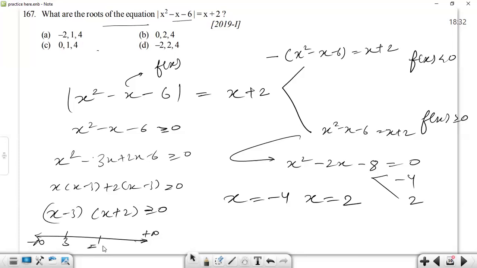Yes, minus 2 should be on that side and 3 on this side. So this will be positive because the signs are positive, negative, positive, and we need to make this function positive.